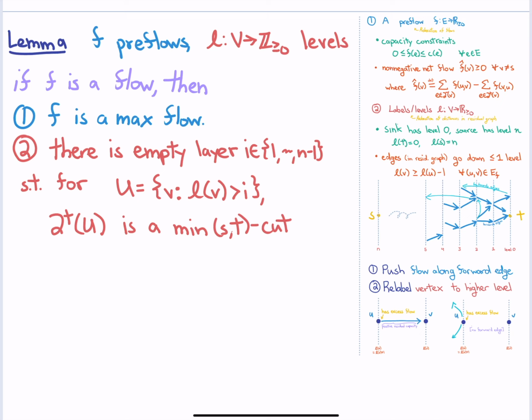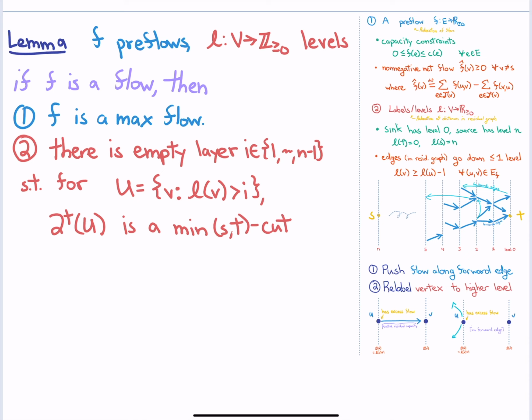And the second is that there's some empty layer in between S and T, and that the part above and the part below gives you a minimum ST cut. But we can start with part one.